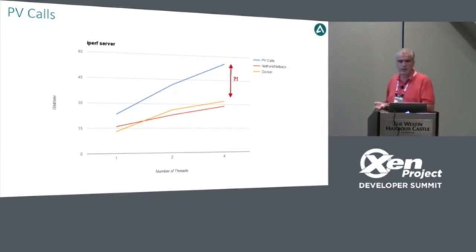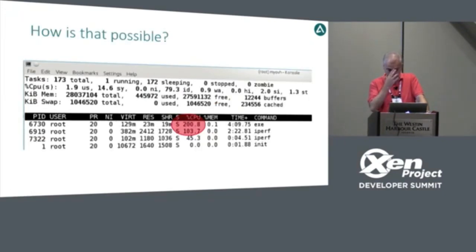So for every port that they are NATing, they launch a user socket implementation and a user proxy implementation. And this results in the proxy consuming something like 200% of the CPU. So that's the reason for this fluke. I think they have an option to disable that, in which case they will be the same as the PV calls.